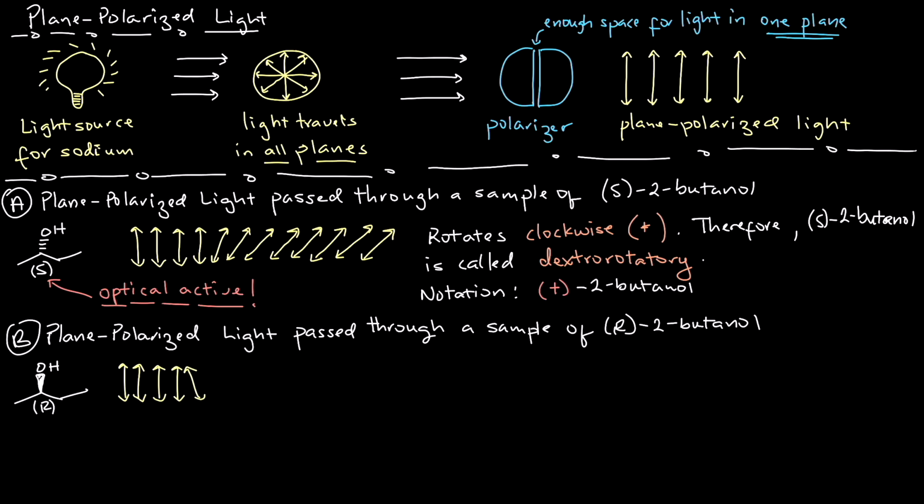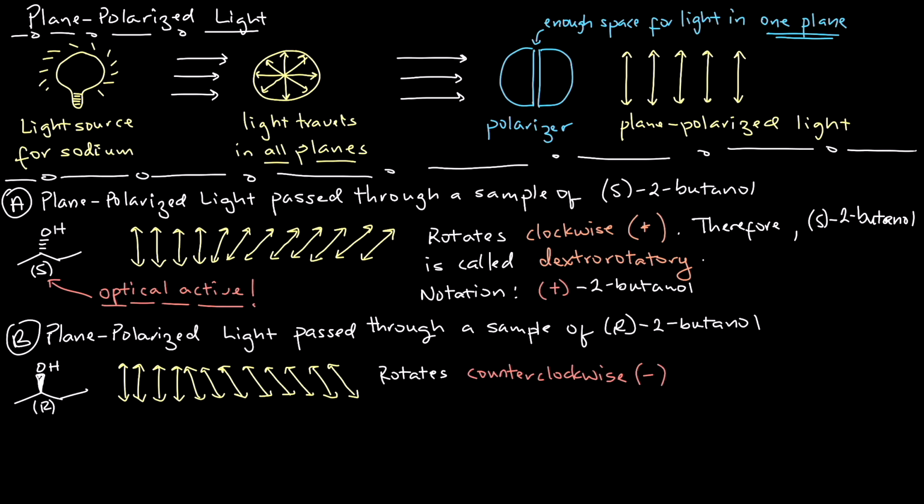Over time, what's going to happen here is that plane polarized light is going to rotate once again. However, it's going to rotate in the opposite direction as S2-butanol. So notice that this time it's rotating counterclockwise.